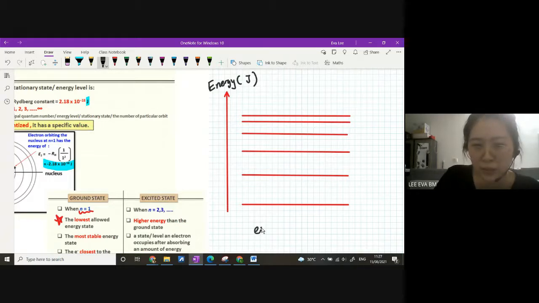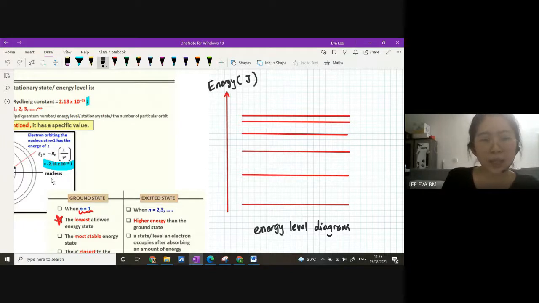Madam tulis kat sini dulu ya. Ini adalah energy level diagram. We'll use quite a lot of this, so I introduce you first at this postulate. Okay. So energy level diagram mesti kena ada paksi Y. Okay, tulis kat paksi sini adalah energy with the units of joule.